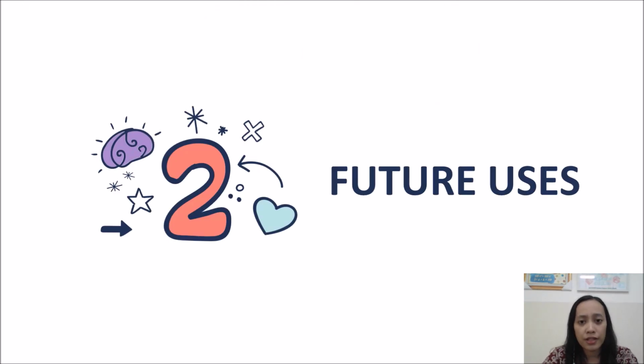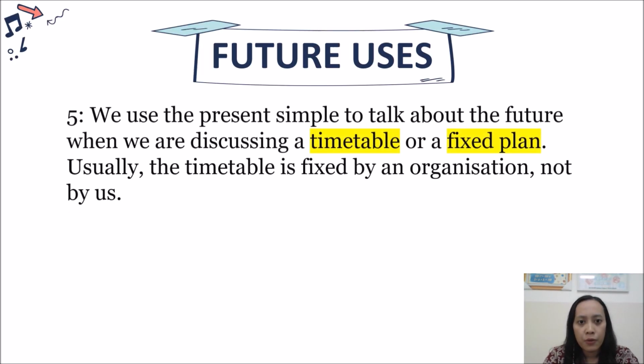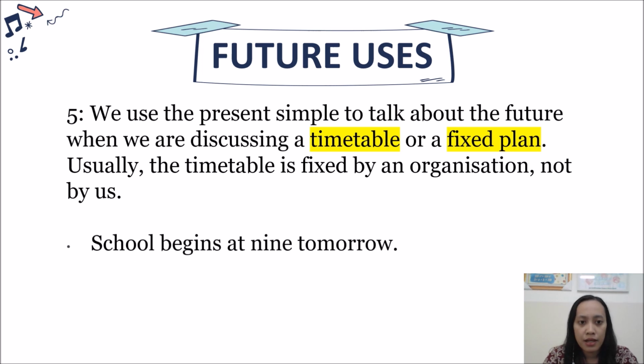Next, we are talking about the future uses of simple present tense. The first condition for the future uses: we use the present simple to talk about the future when we are discussing a timetable or a fixed plan. Usually, the timetable is fixed by an organization, not by us. For example, school begins at 9 tomorrow.